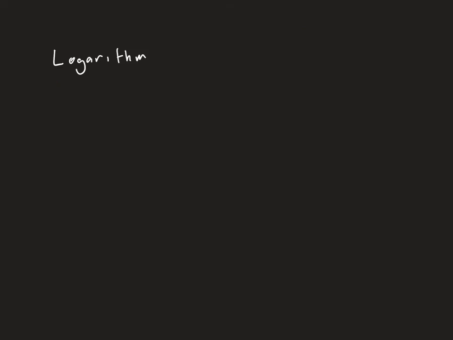So one last rule or property of a logarithm that we're going to mention in this video is the quotient rule. Or really, it's the opposite of that product rule that we proved earlier: log base b of m times n equals log base b of m plus log base b of n.